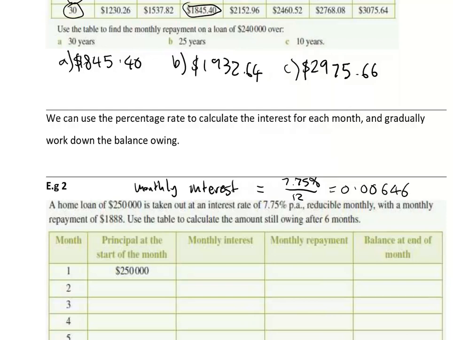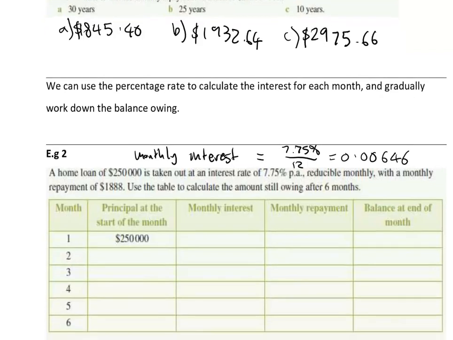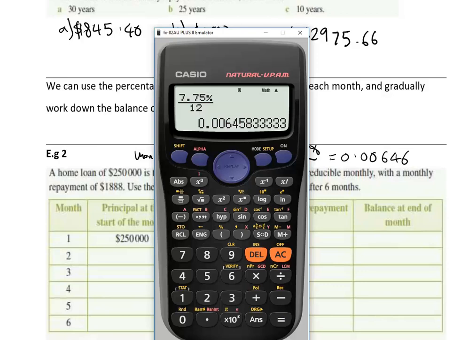So if we want to find out our monthly interest, we start with 250,000 and multiply it by our monthly interest, and that will give us how much interest we add on for that month. So let's do that. We multiply our answer times 250,000.